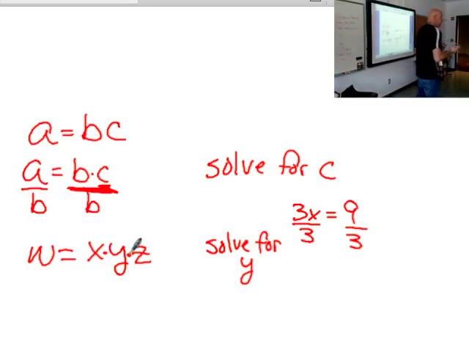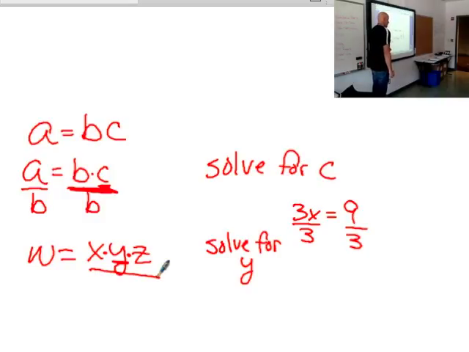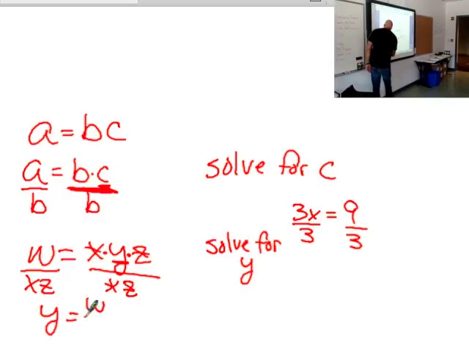Yeah, it is. So if these are multiplications and we're solving for y, what's the inverse operation of multiplication? Division. And what are we going to divide? x and z. So these x's cancel, your z's cancel. So y is equal to W over xz.